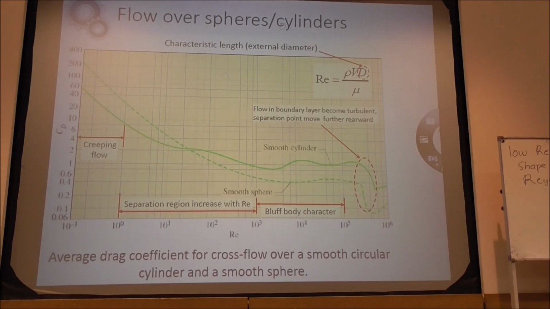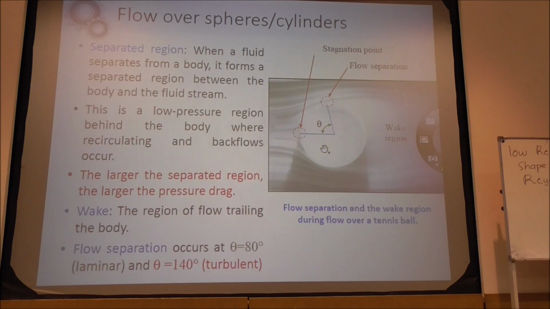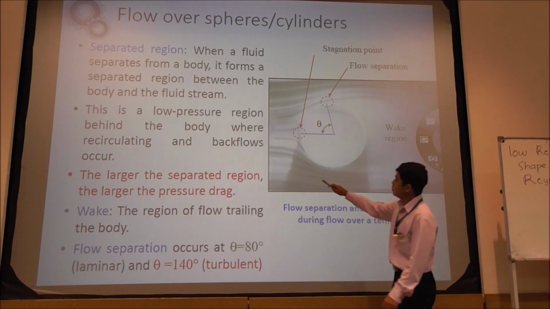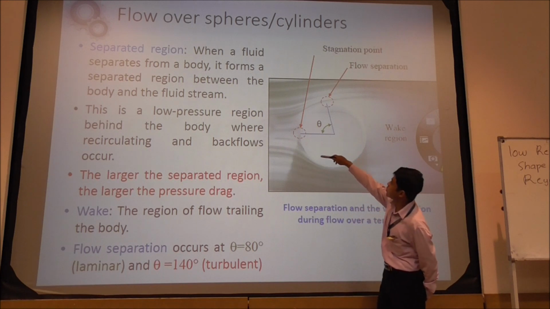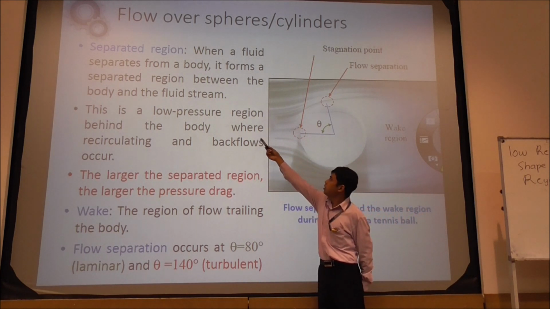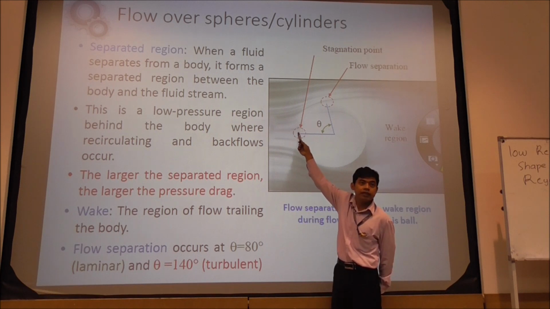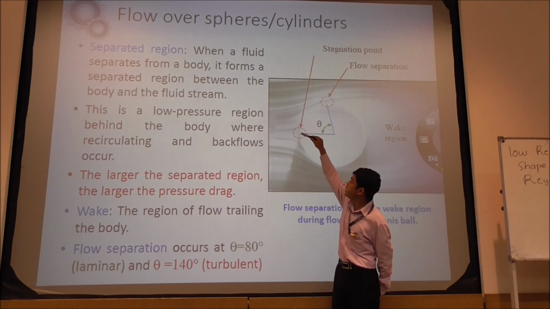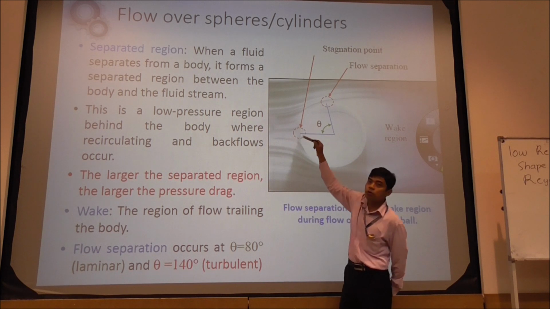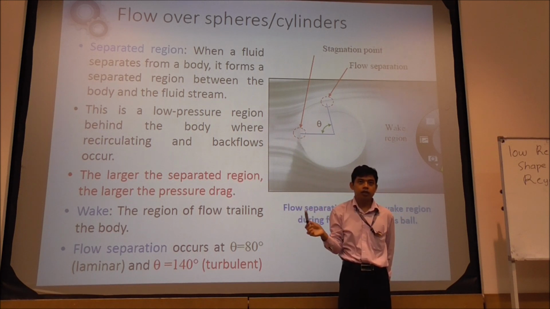So if you look at this, what does it mean? When you have a cylinder or sphere, when the flow is incoming and makes contact with the surface, at this point, of course, you have the so-called stagnation point.